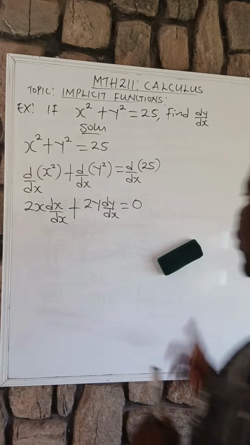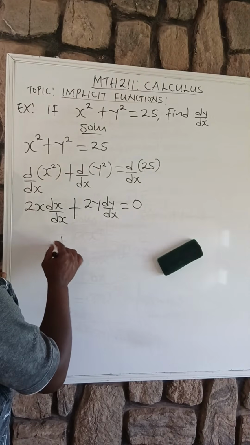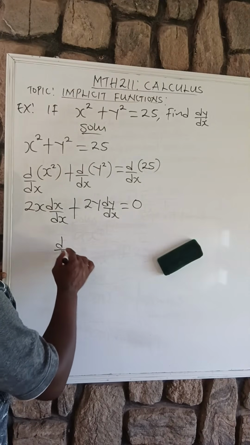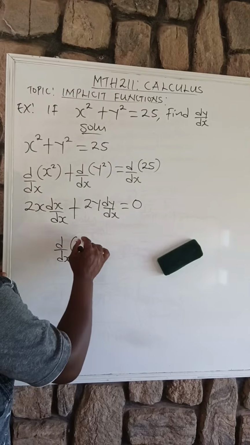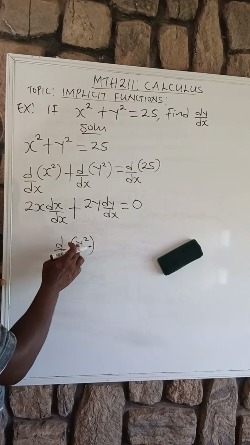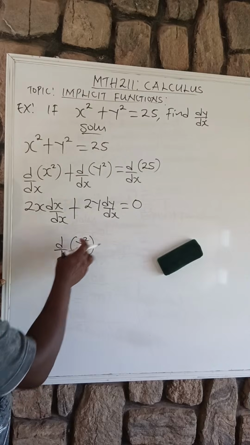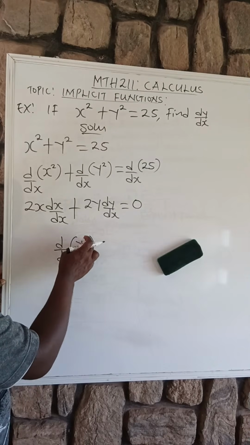Yeah. What I'm trying to do is this. When you have d all over dx, open bracket, y squared, note that they are asking you to differentiate what is inside there. So now, this is your n, two of us. Your 2 is your n.